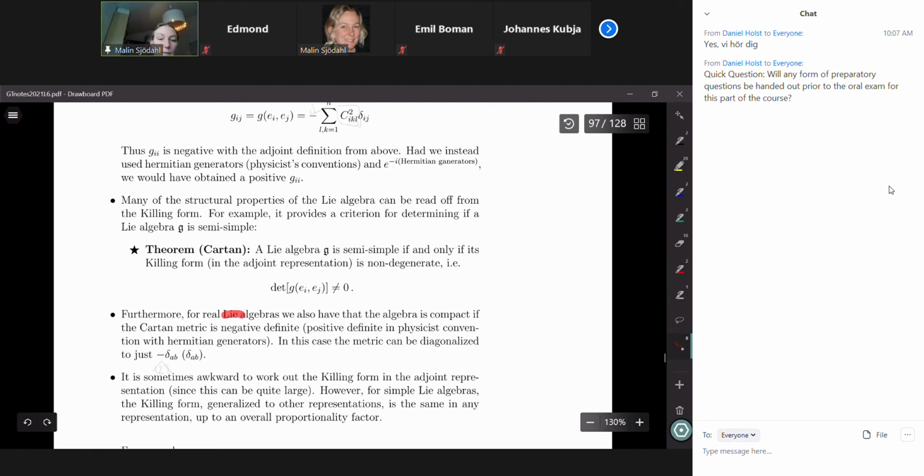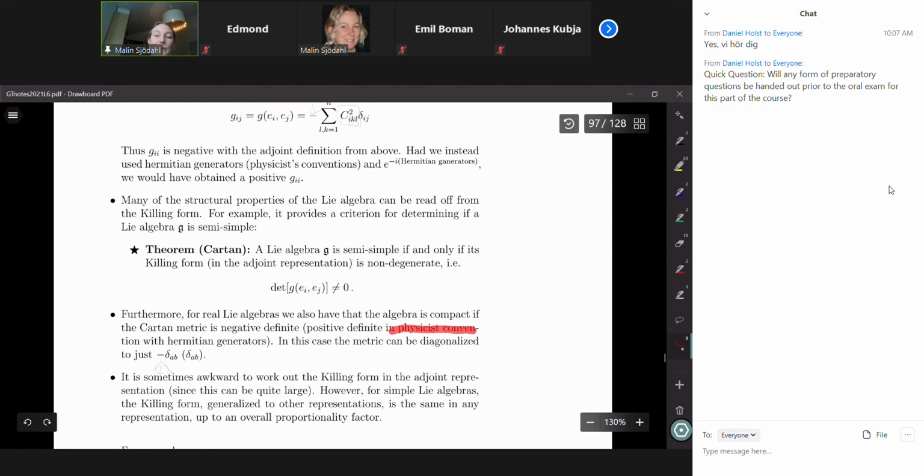Similarly, we also have the statement that for real Lie algebras, the algebra is compact if the Cartan metric is negative definite, negative definite for the mathematician. And this was positive definite for the physicist.